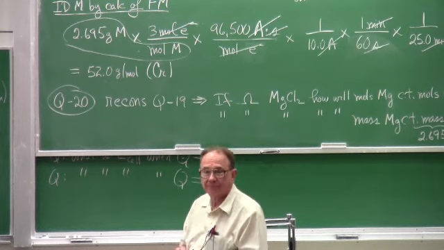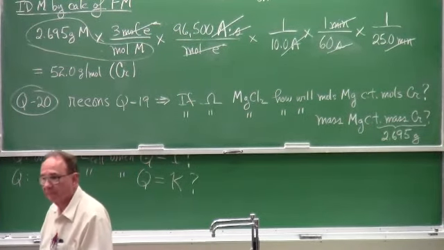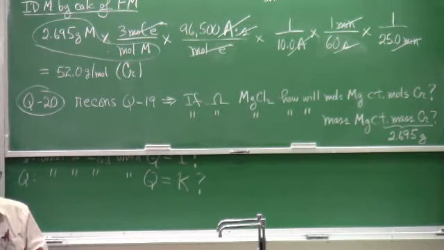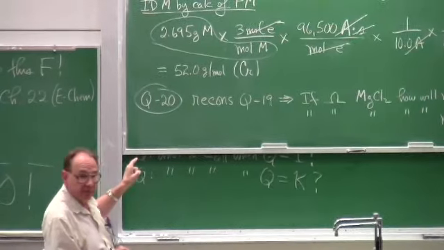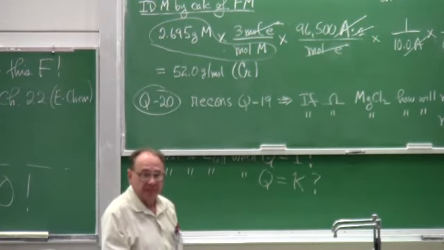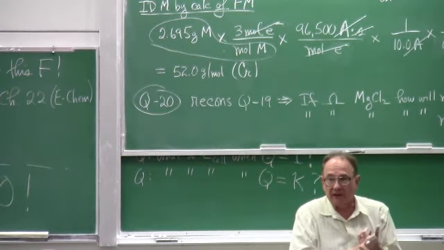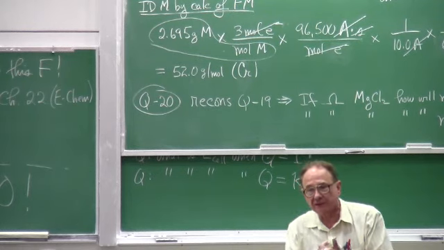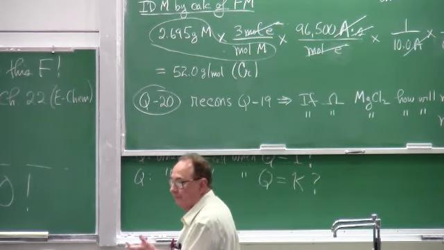Question 19. To answer this question, do we need to pay attention to the 2.7 grams of chromium that we produced? That's 2.695 to 2 sig figs. Rather than electrolyzing molten chromium chloride with chromium in the +3 oxidation state, we're now going to electrolyze molten magnesium chloride.